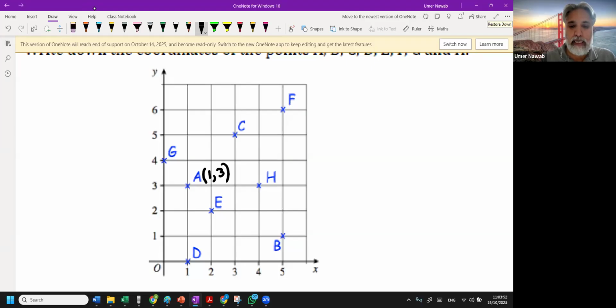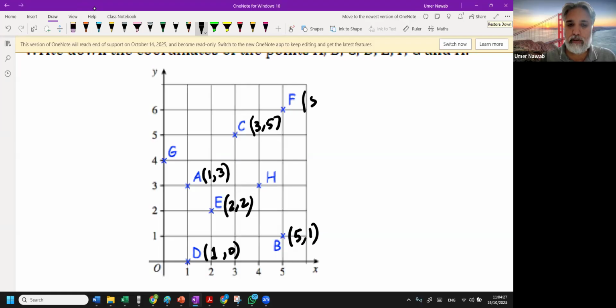Now I want to write B. For this, I need to go 5 units to the right and 1 unit up, so this is the coordinates I wrote for point B. If I want to write C, that should be (3, 5). D is on the x-axis, so the y coordinate should be 0, and you just go 1 right. And E is (2, 2).